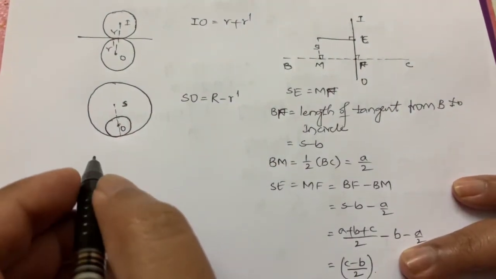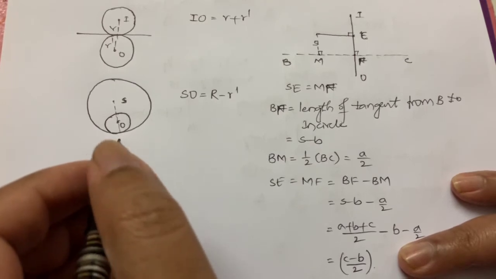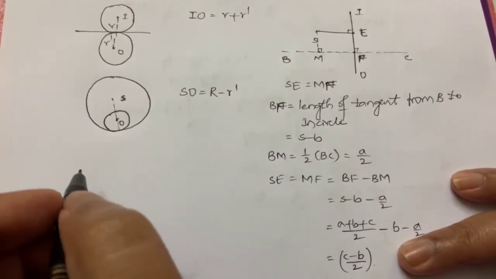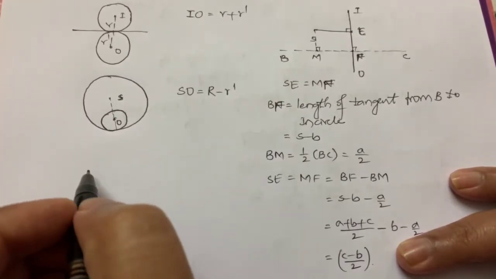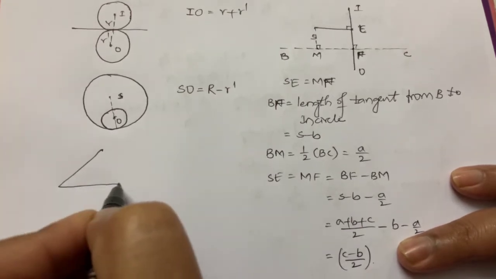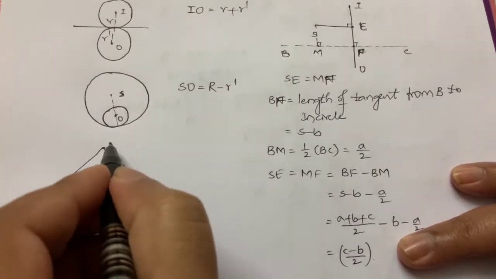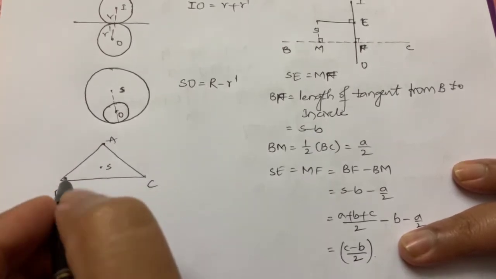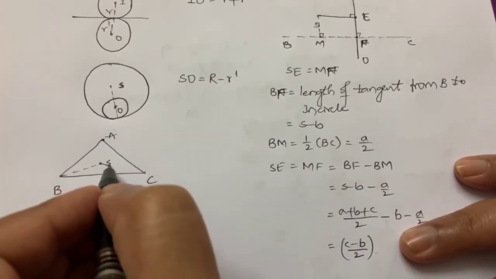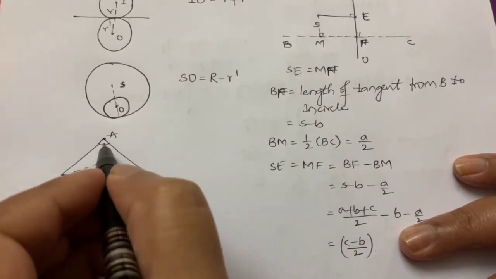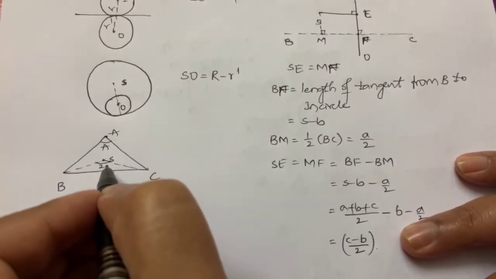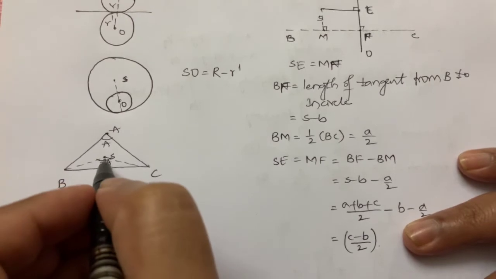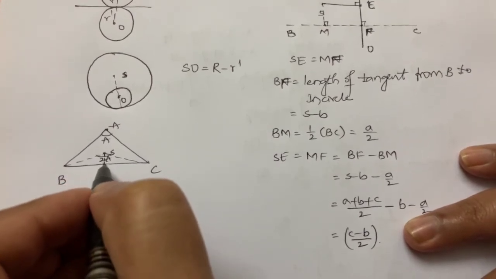If I want that length, let us see the triangle ABC, and we have the circumcenter. If I join this to the base, if this angle is A, the angle subtended at the circumcenter will be 2A, and from there I am dropping a perpendicular.